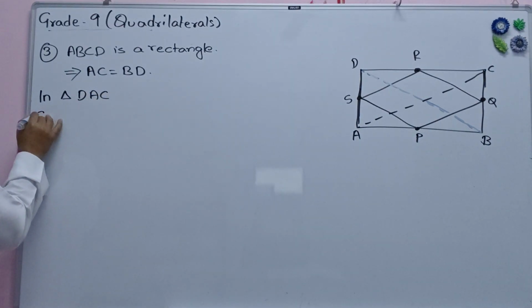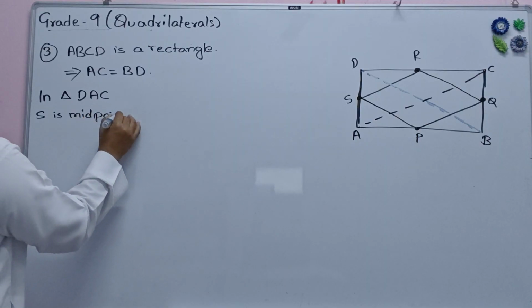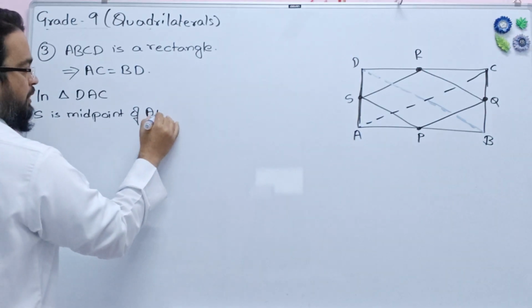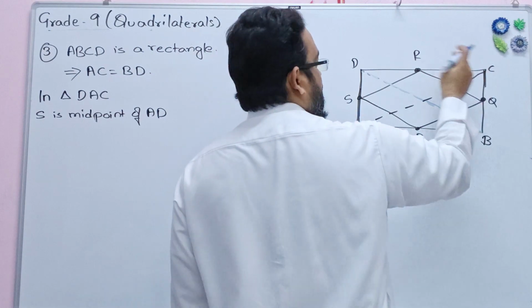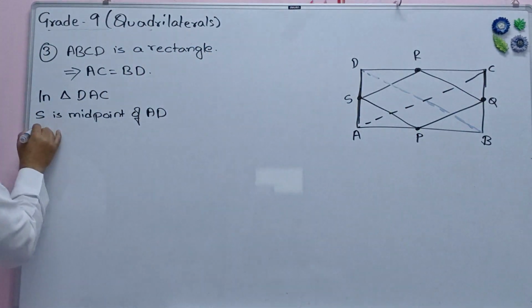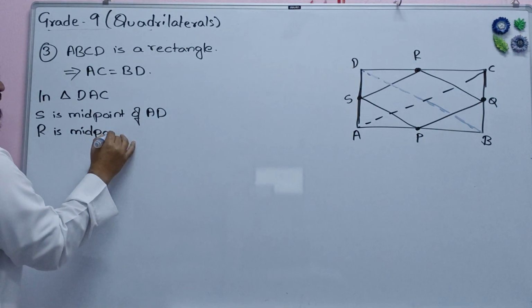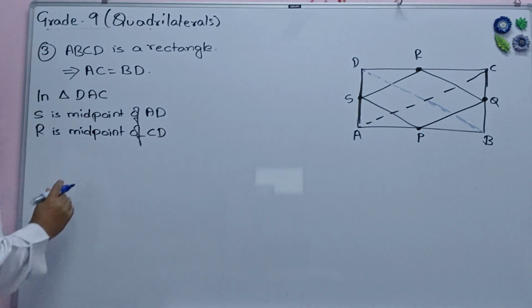S is the midpoint of AD and R is the midpoint of CD, in triangle DAC.